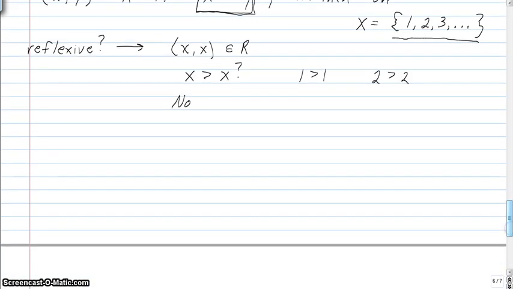Okay, the second property we talked about was symmetric. And remember, essentially what we were looking at is that if xy is in the relation, or x is related to y, then also y is related to x.